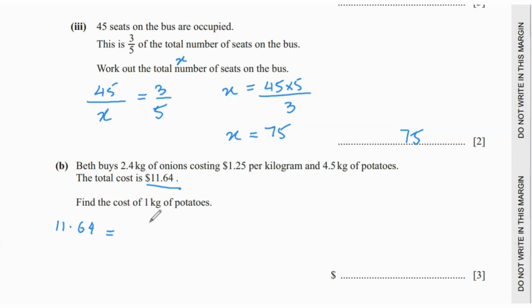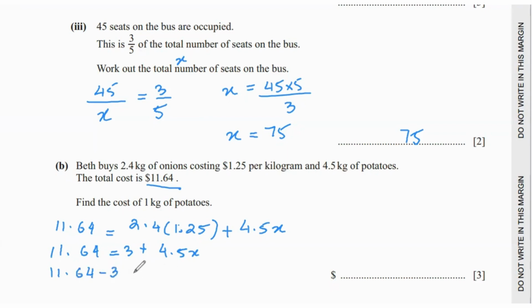So multiply the weight with the cost per kg. And for potatoes, that's 4.5 times x, but we don't know the cost of 1 kg of potato. So 11.64 equals 3 plus 4.5x. 11.64 minus 3 gives us 8.64.